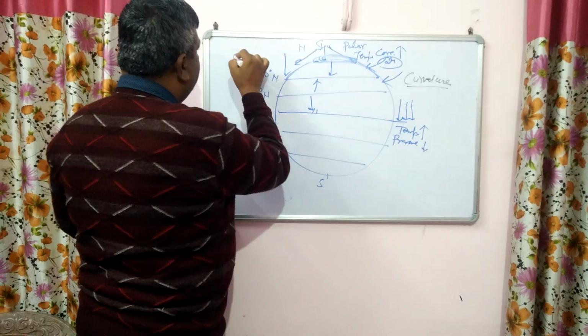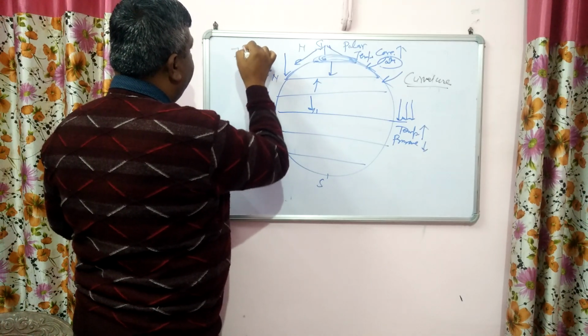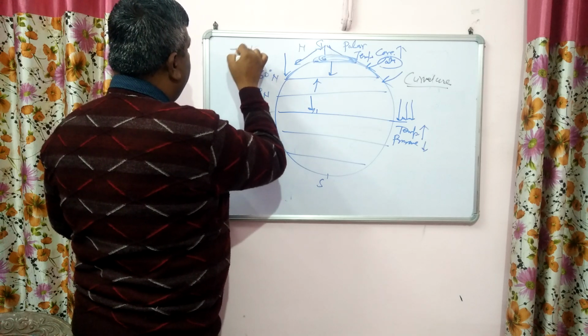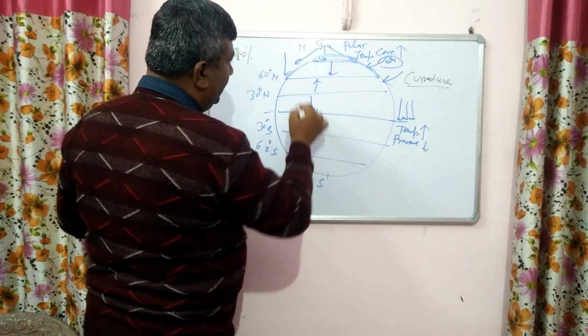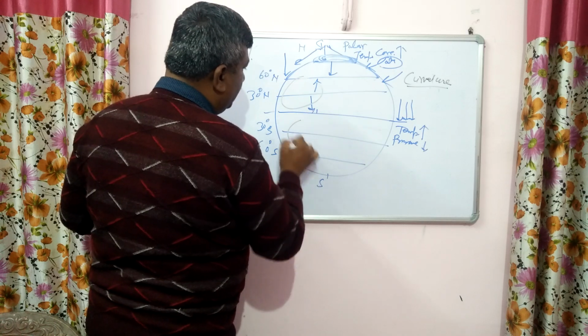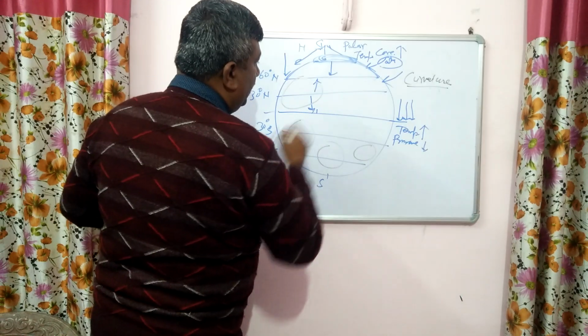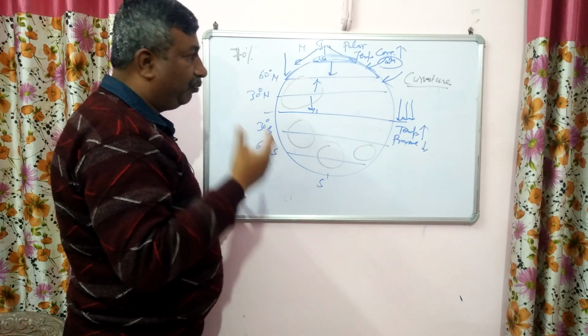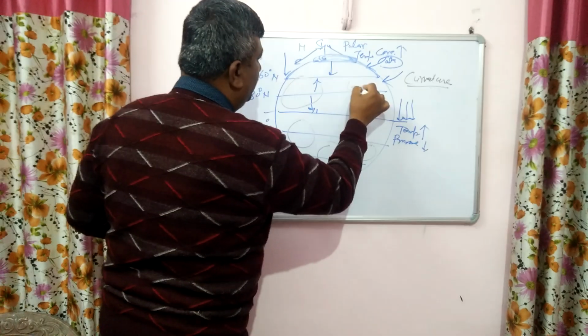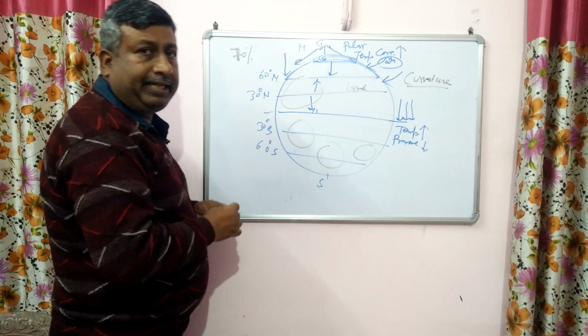Then 70% of the mass or area on the earth is ocean. So oceans are present 70%, and ocean means water, and land is about 30%. So there is differential heating in water and land.